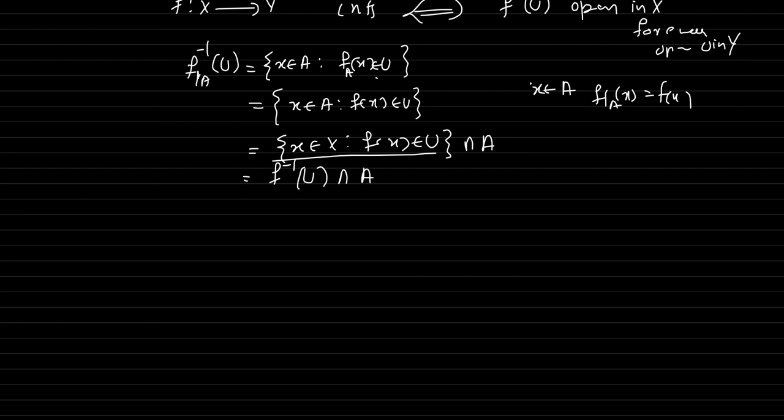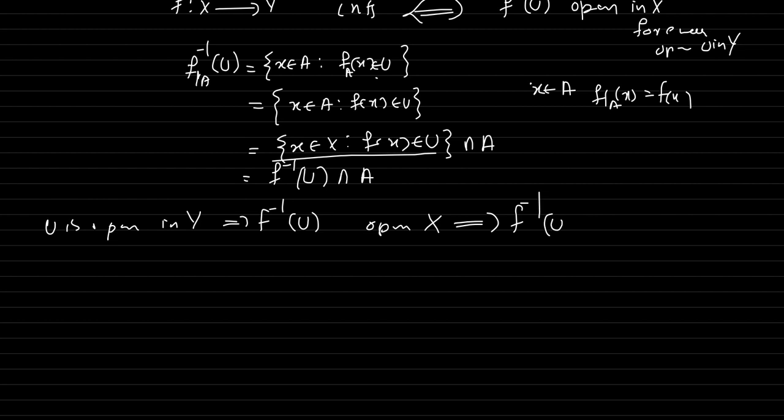Whenever U is open in Y, and since F is continuous, F inverse of U is open in X, and this implies F inverse of U intersection A is open in what?